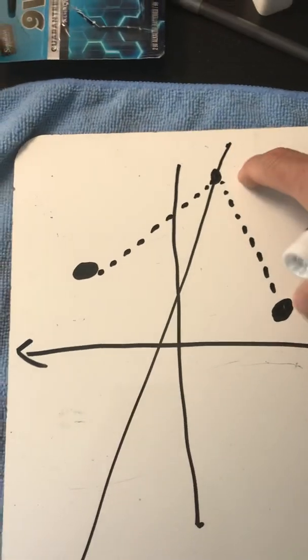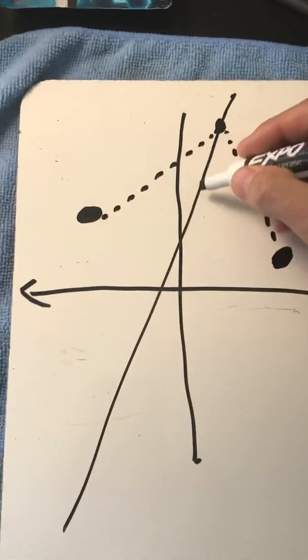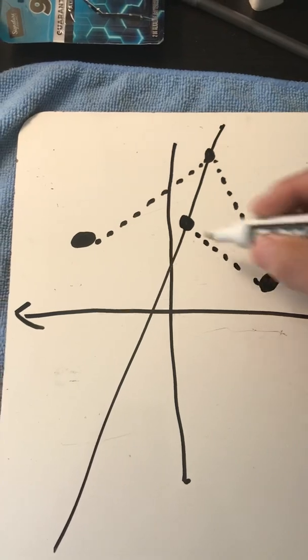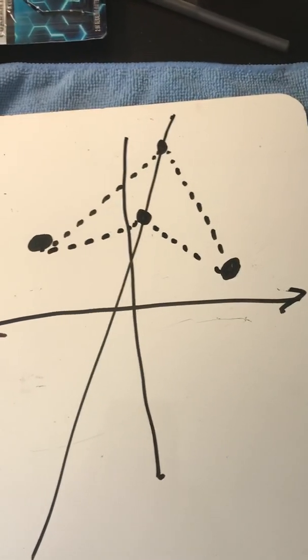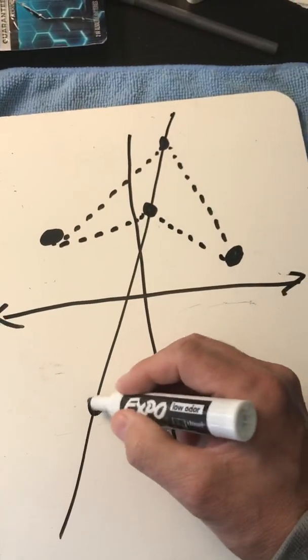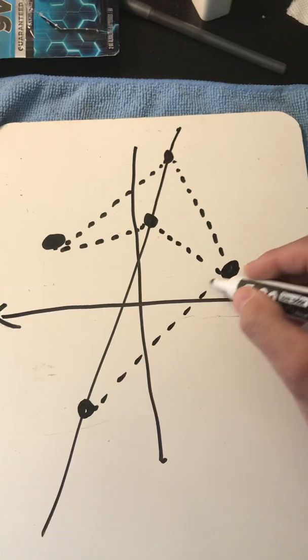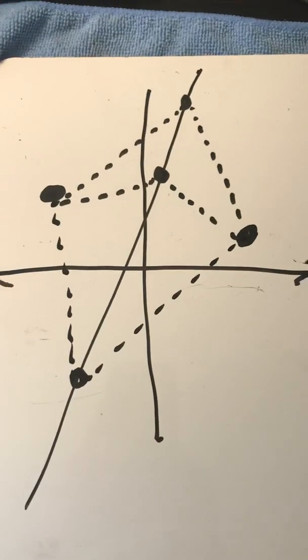It's the same distance. The distances are equal. Now what about, I don't know, this point on the line? Well, look, that distance is the exact same distance as that distance, and so on. Let's do one more. This point on the line is exactly the same distance from here to here as it is from here to here.